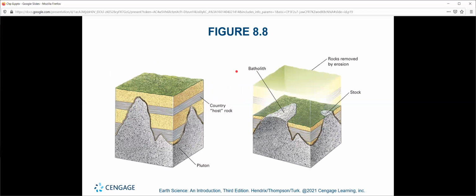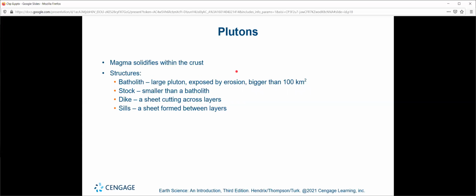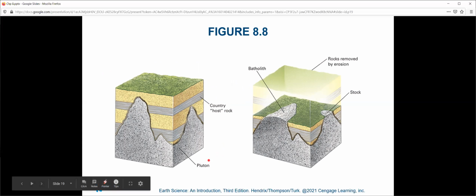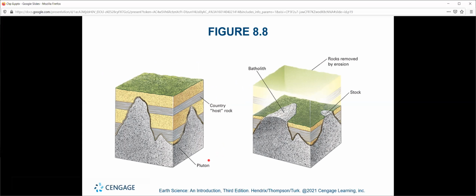The first one is the batholith. These are big magma chambers, essentially. The volcano wanted to grow as a big volcano, but it never popped. All the magma cooled, still inside the material. So these are interesting because, as we've talked about in chapter 3, igneous rocks tend to be very, very hard, very resistant to erosion.